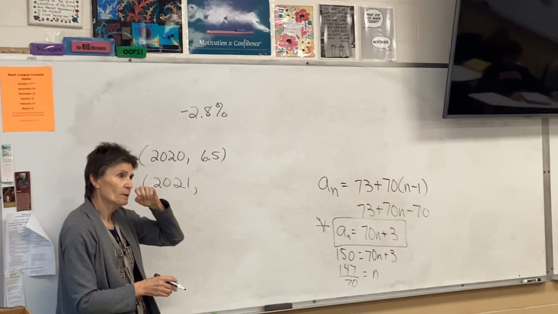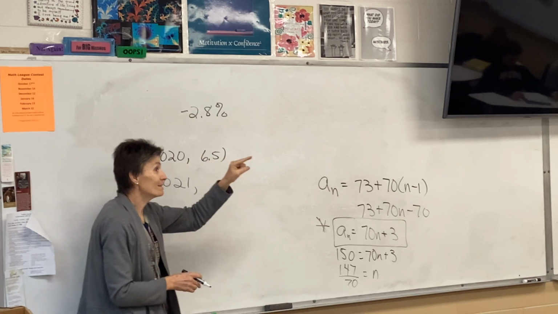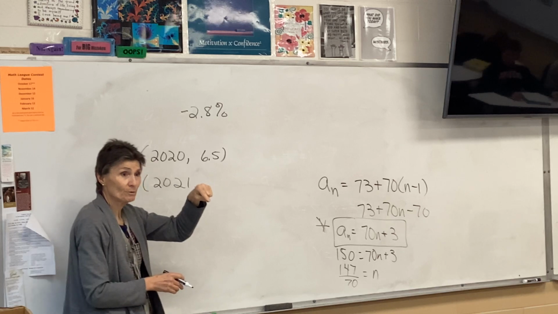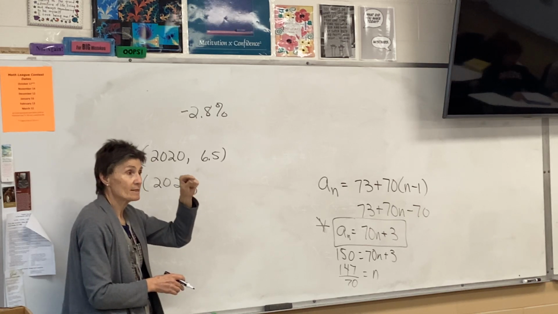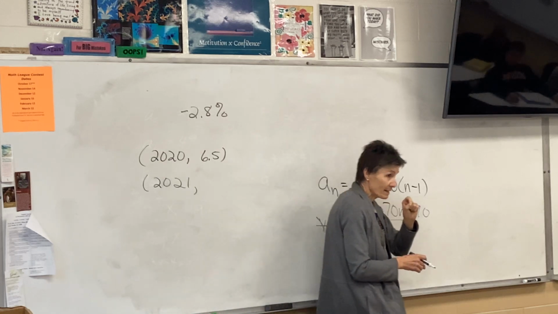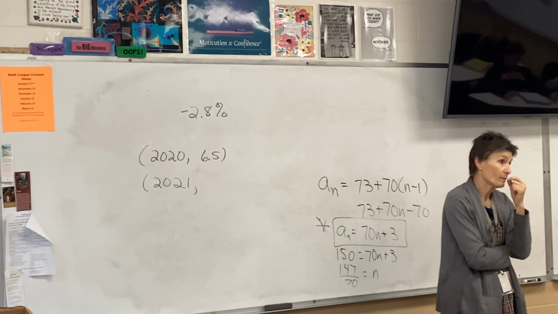So what am I gonna multiply by? 0.972, because if we're losing 2.8, we're keeping 97.2, aren't we?